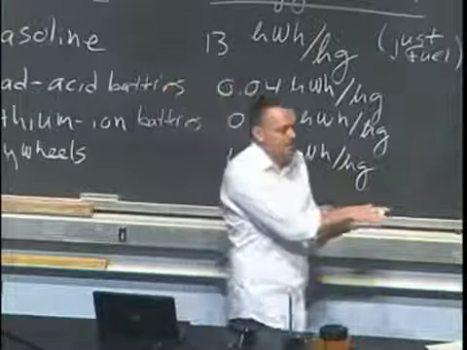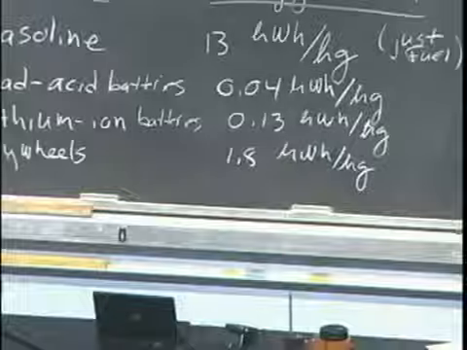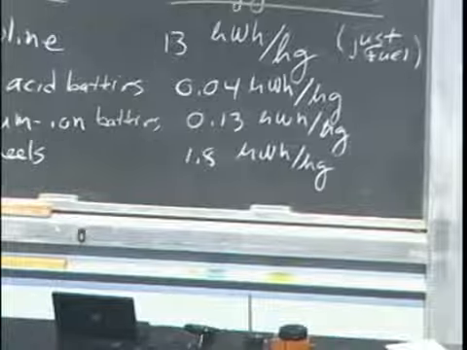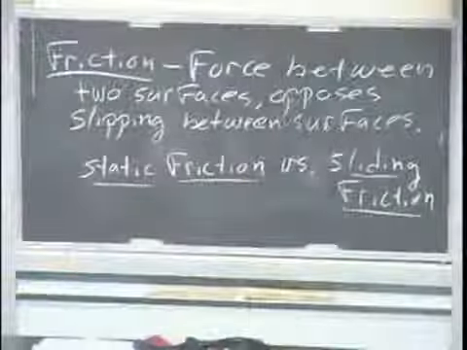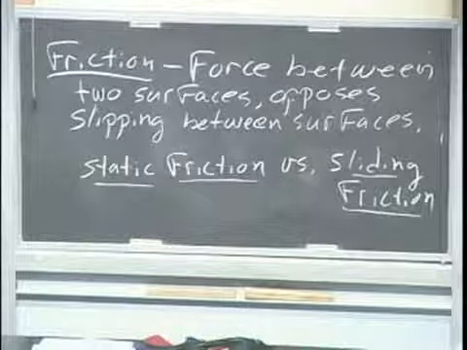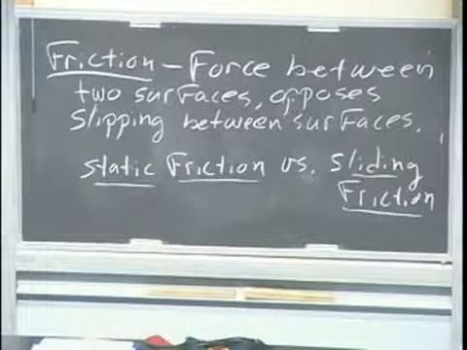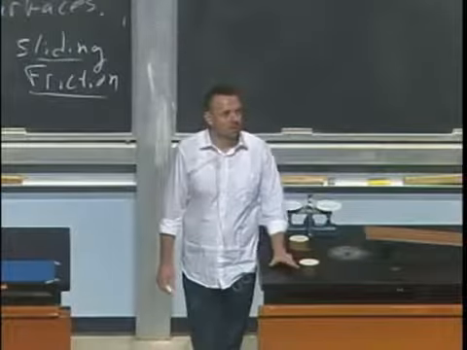Let's see if I have a good object here. I don't have a great one. Let's use these. This is sitting here, and I'm going to start pushing on it. If I start building up the force, it takes a certain amount of force on my part to start it sliding.